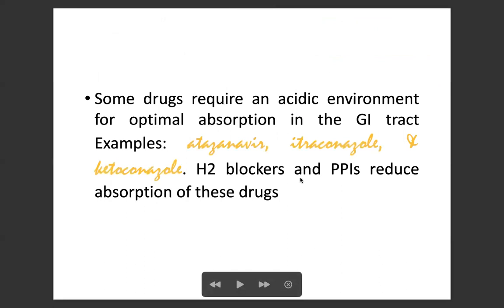So some drugs require an acidic environment for optimal absorption in the GI tract. Example, ana, your itraconazole, ketoconazole, tazanavir, H2 blockers and proton pump inhibitors reduce absorption of these drugs.